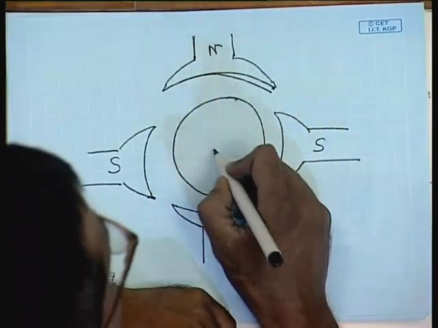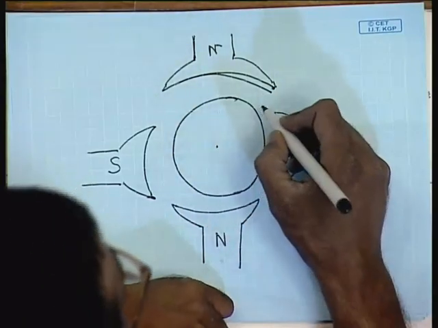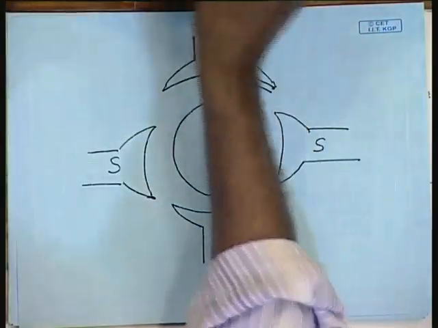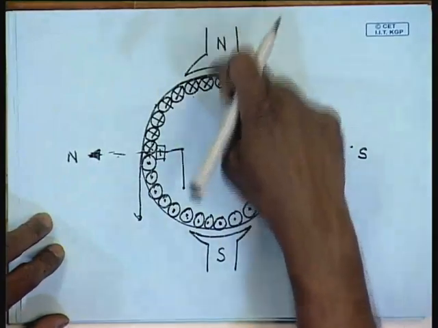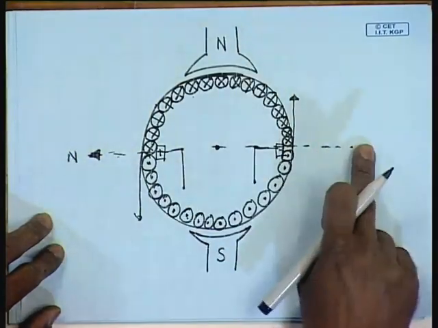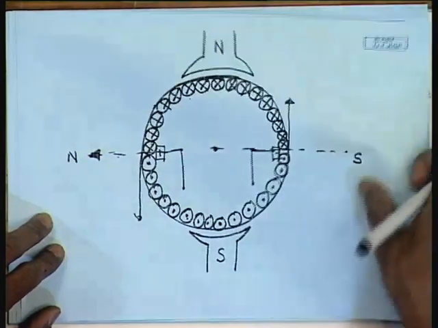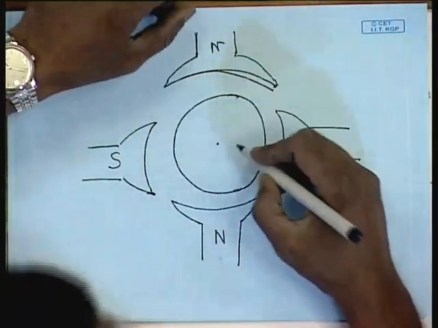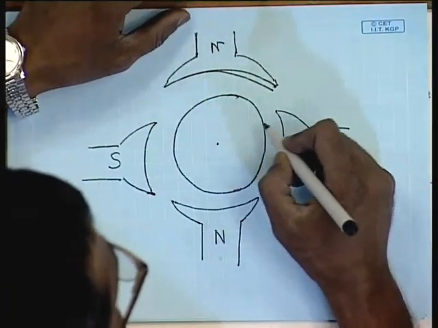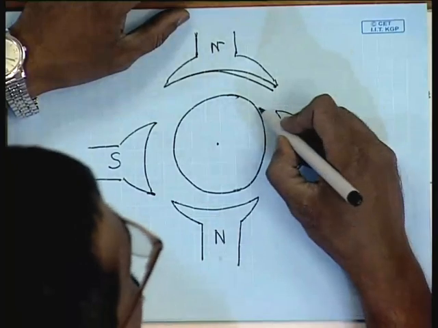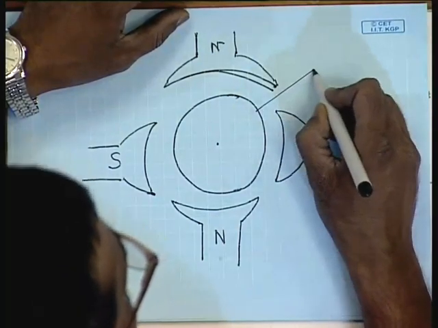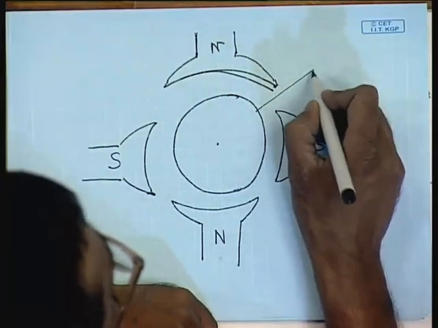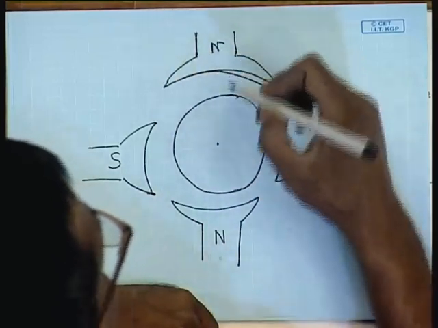That is, for this case we had 2 poles on the stator and the armature produced 2 poles. Here the armature should also produce four poles.